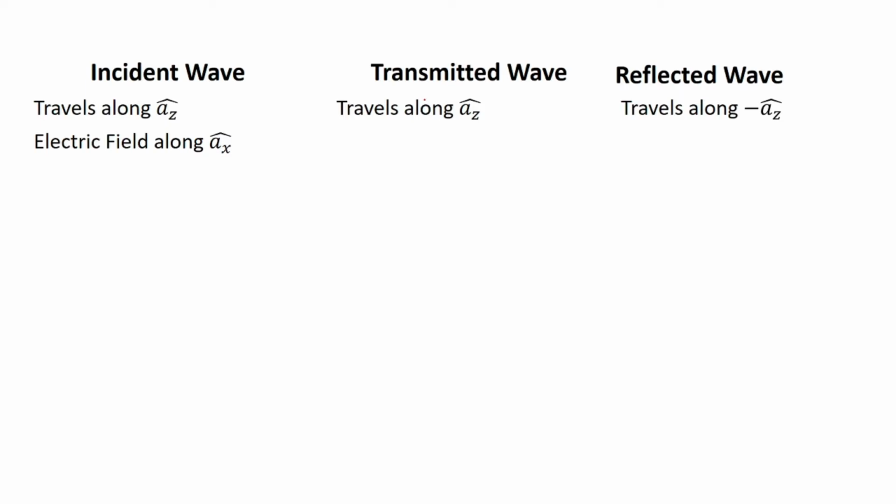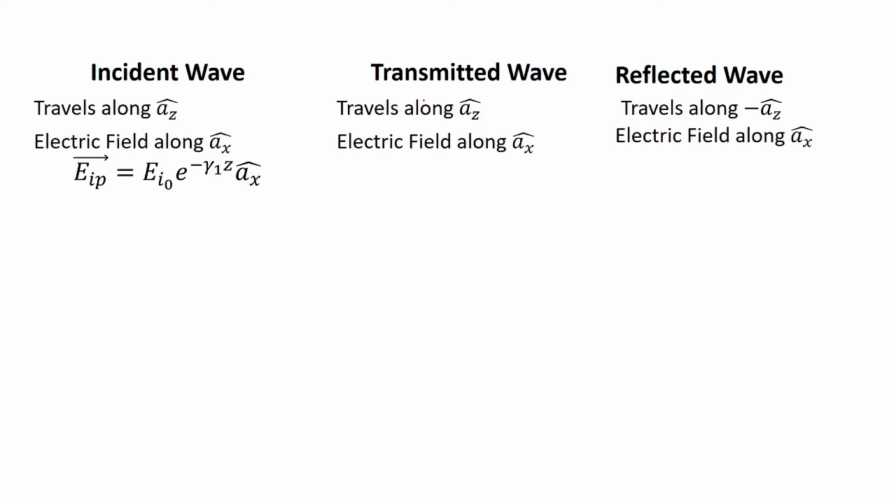The electric field is along ax cap for all three. The expression for this phasor can be written as Ei0 exponential of minus gamma 1 z ax cap. Ei0 is the value of the incident electric field at z equals 0, and gamma 1 is the propagation constant.